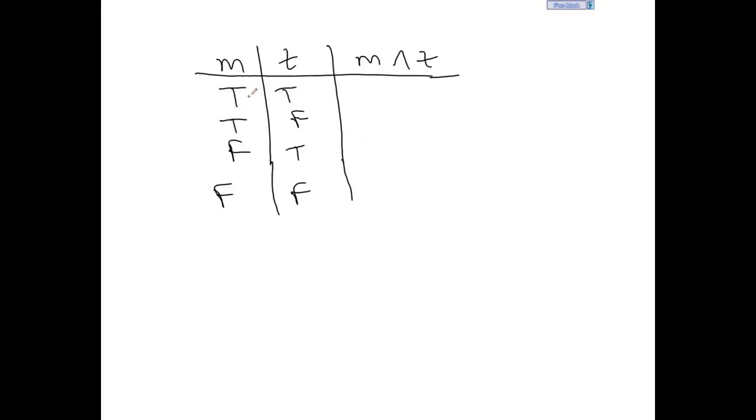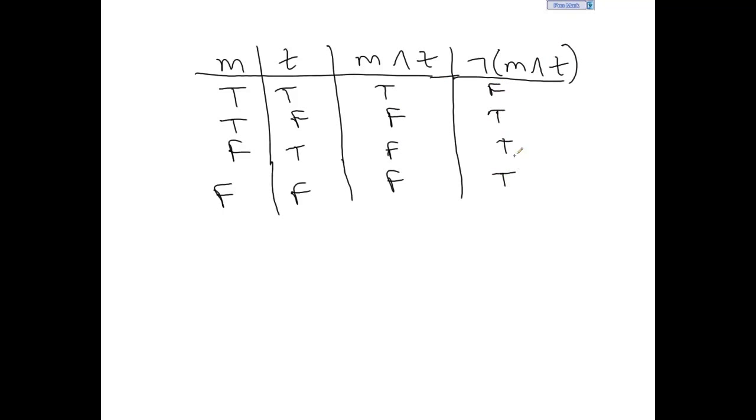So if M and T are both true, then the and is true, and it's false everywhere else. Okay, but if I negate that, then I get basically the opposite of M and T, right? Because negate means the opposite of, and the opposite of true is false. And similarly here, we would get false, true, true.